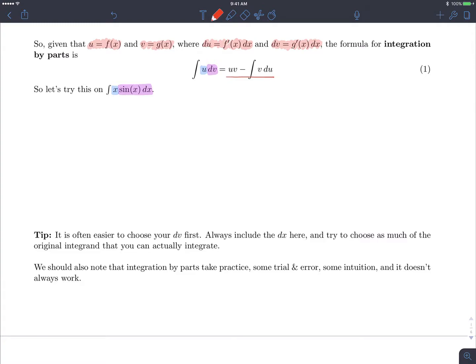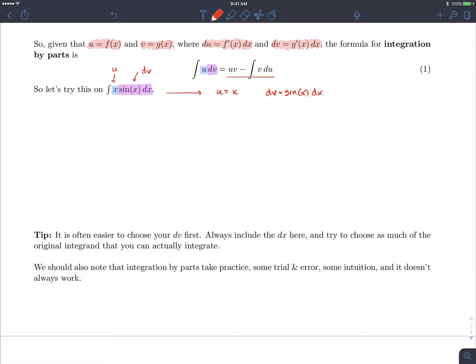So here are the decisions we've made. x is going to be u, and this is going to be our dv. Off to the side, let's make a few notes. u is equal to x, and dv is equal to sine of x dx.